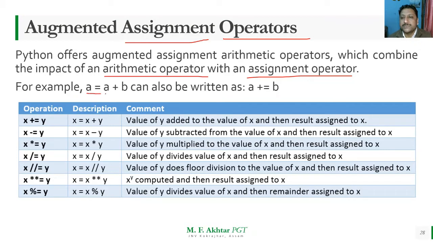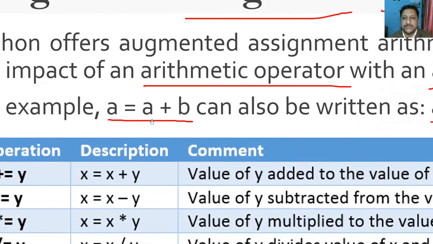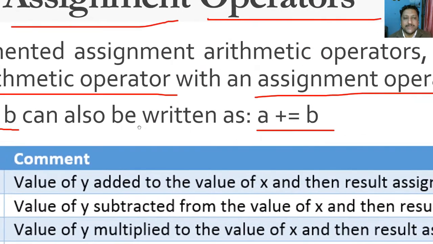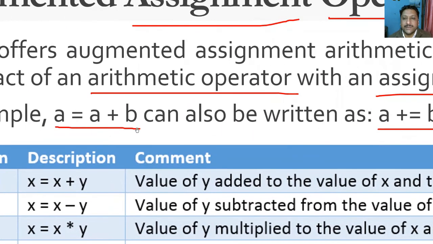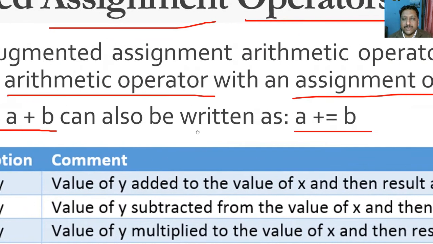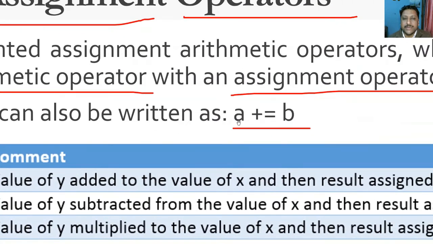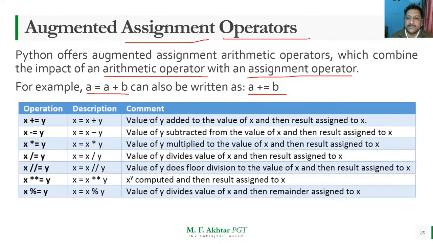Here a equals a plus b can also be written as a plus equals b. Here a is given 2 times, and if you use augmented, then you have to give the variable a only 1 time.